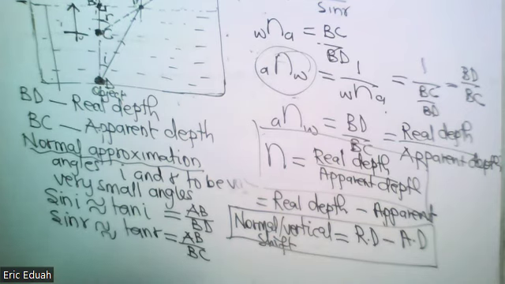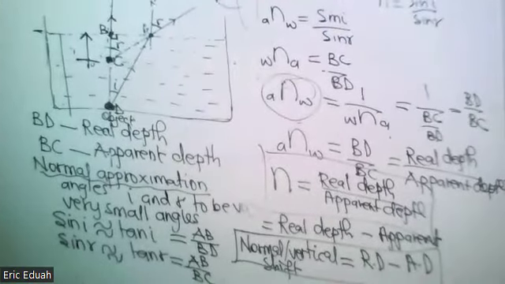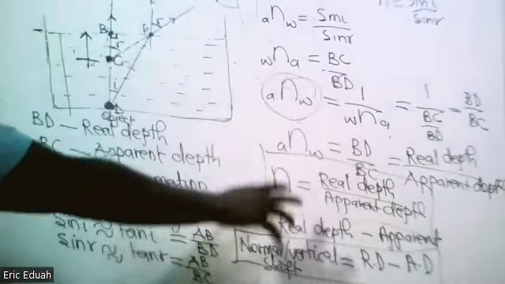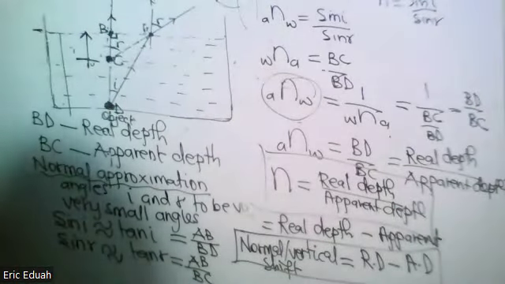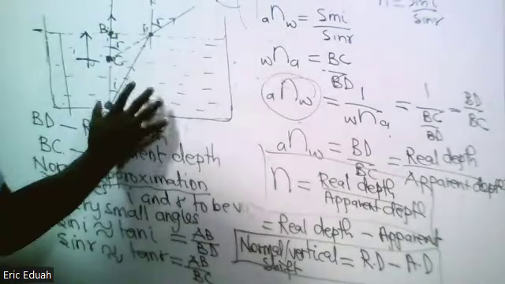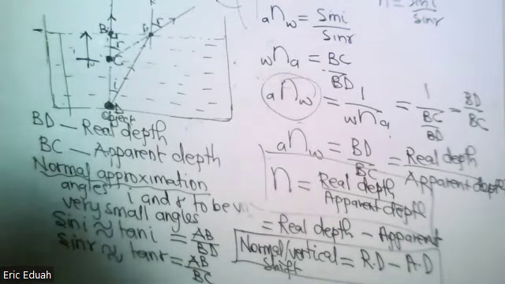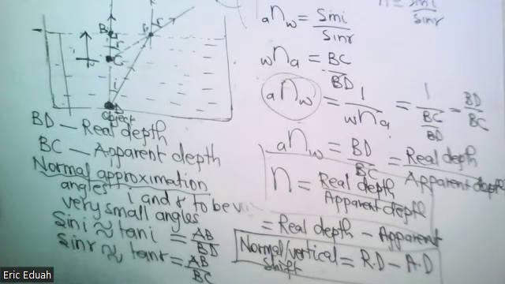In our next meeting, we will go through how we derived the formula for the refractive index again, and then the vertical shift and the normal shift, then use it in solving problems. Then we continue to refraction of light in triangular prisms.